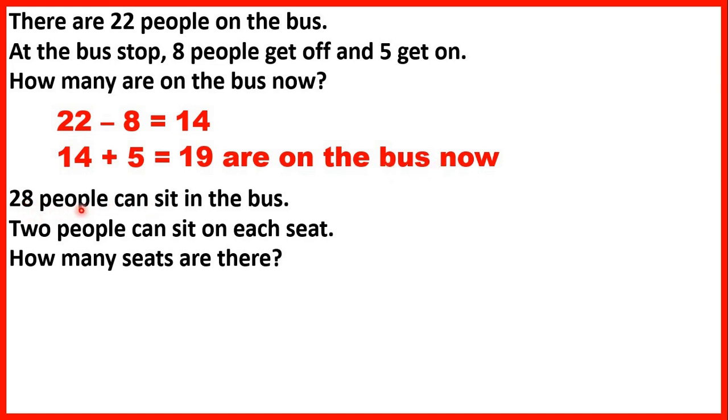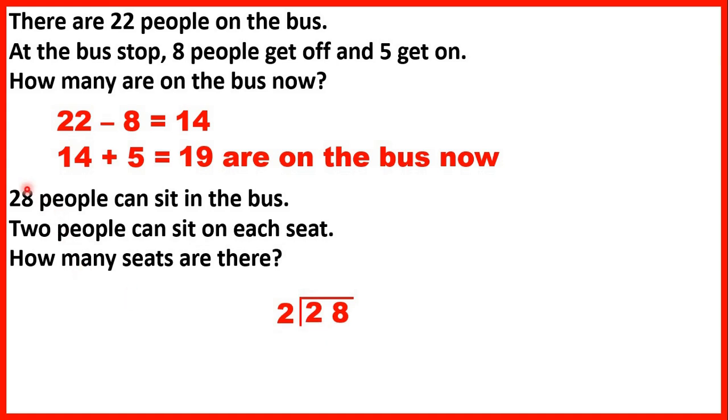Now 28 people can sit on the bus. 2 people can sit on each seat. How many seats are there? So here we know the total, and we know the number on each. So when you're given the total and you see the word each in a question, that's a big clue that you need to divide.